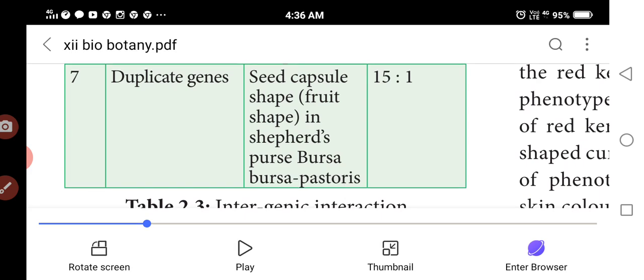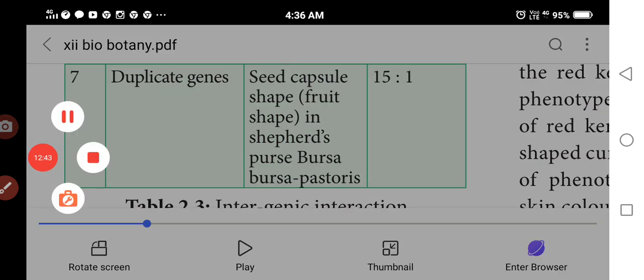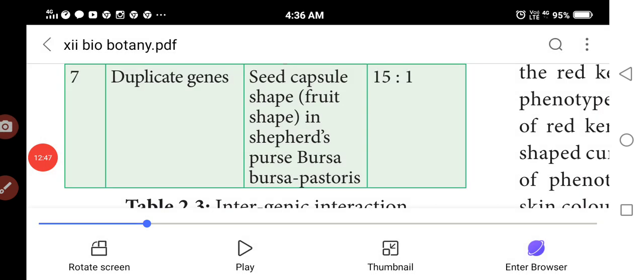Duplicate genes: seed shape in shepherd's purse, 15:1. Duplicate genes means that in studies of shepherd's purse, Capsella bursa-pastoris, a modified ratio was obtained.